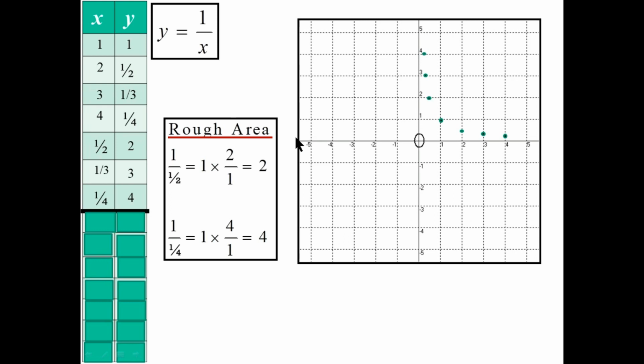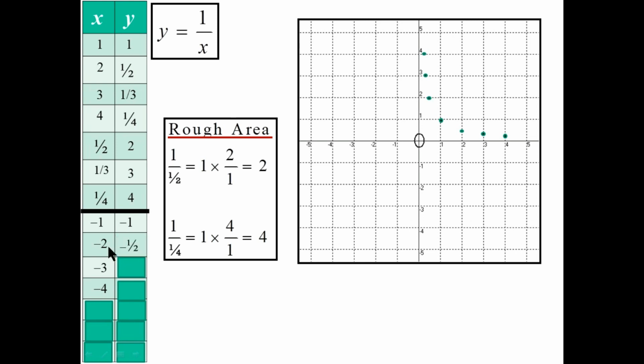Great. How about, I wonder if we could sub in negative numbers. Yes, we can. We could put some negative numbers in here for x as well. That'll give us some domain on the left of the y-axis. Let's start with -1, -2, -3, and -4. Y has to be 1 over -1. 1 over -1 is -1.